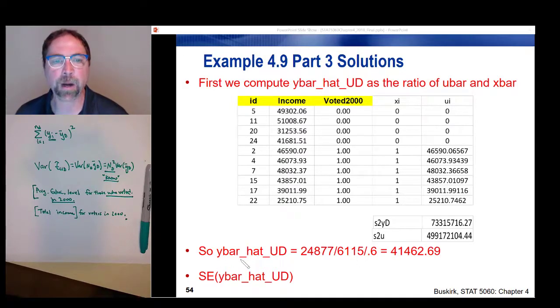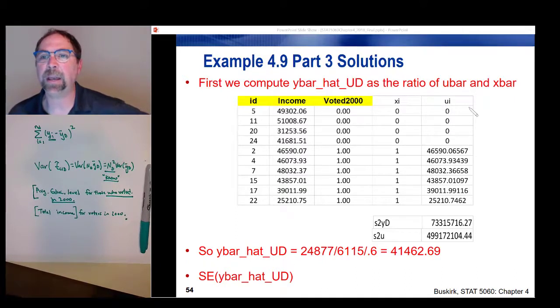So our y bar hat sub ud is going to be the u bar divided by the x bar, and again, that is what you are seeing here. And so you will see that this y bar hat is 41,462. The standard error of y bar is, and again, the averages are here.